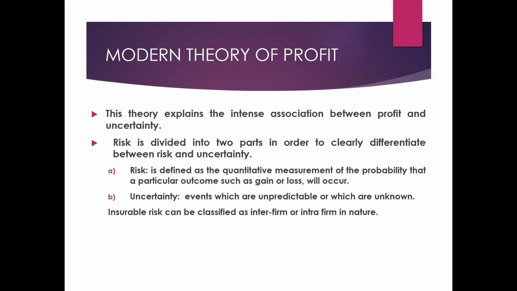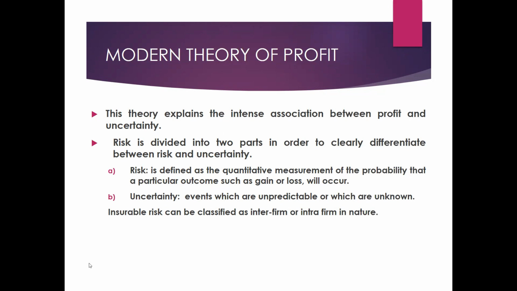So, risk can be divided into two parts. Number one, risk is defined as a quantitative measurement of the probability that a particular outcome, such as gain or loss, will occur. So, these kinds of risk and uncertainty mean we will talk about events which are unpredictable or which are unknown.